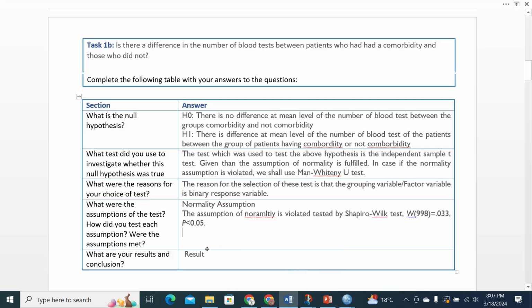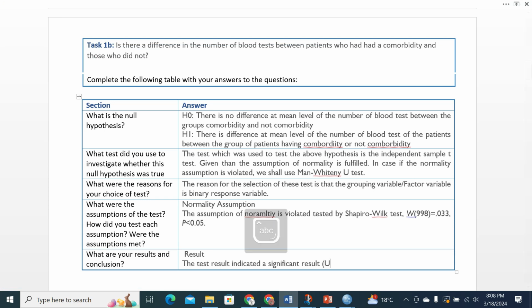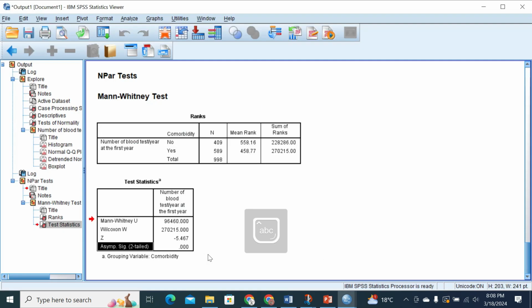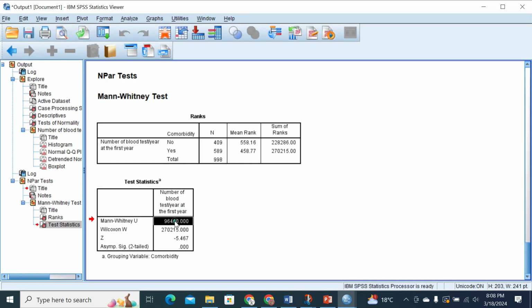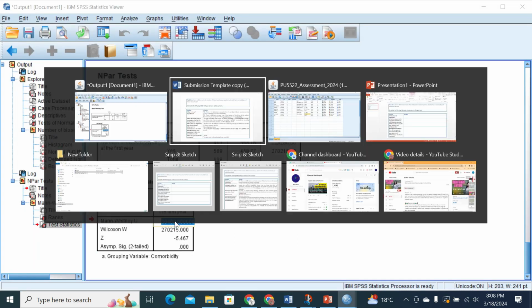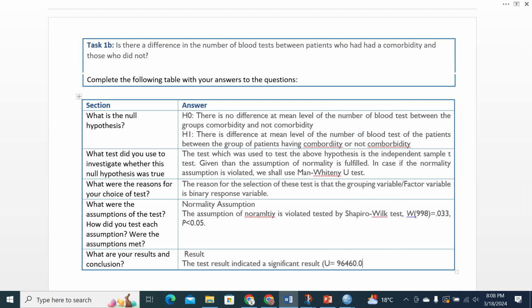It suggests that the test result indicated a significant result, and then in brackets, Mann-Whitney U test, U equals this value. There is no degree of freedom given. Copy it and paste it here, up to 2 decimal points always in APA style.